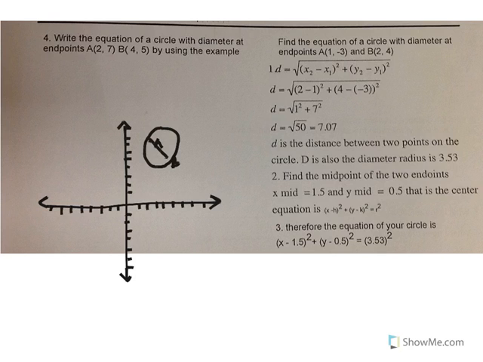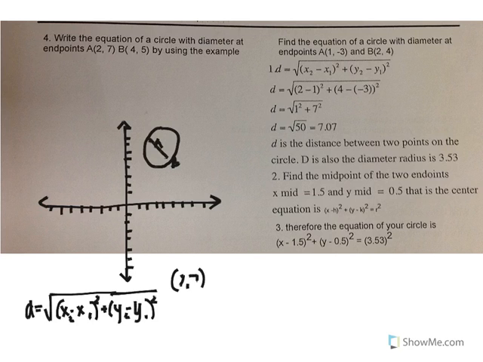Now, it says find the equation of a circle when it gives us the two endpoints. So we need to find the distance between A and B because that will tell us what the value of the diameter is. So we do our distance formula. We have our two coordinates, and let's plug them into our equation.